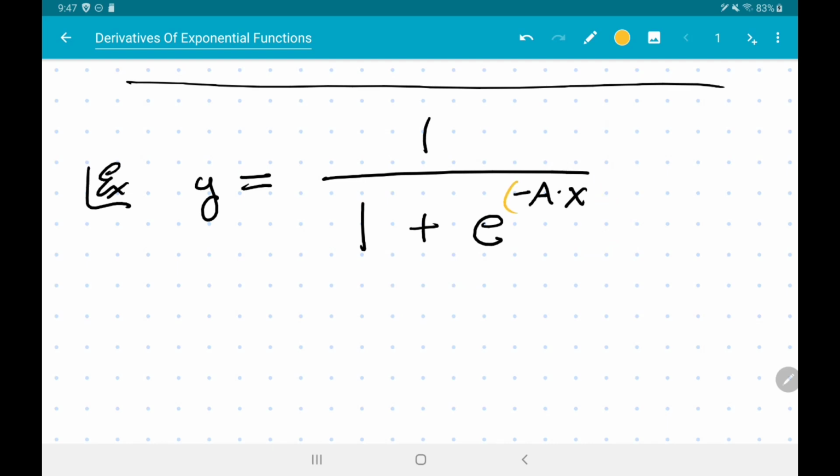The stuff in here happens early. This is the deepest layer, negative a times x. So that's inside that group. Then the exponential happens. Then the 1 plus happens. And then finally, we do this division.